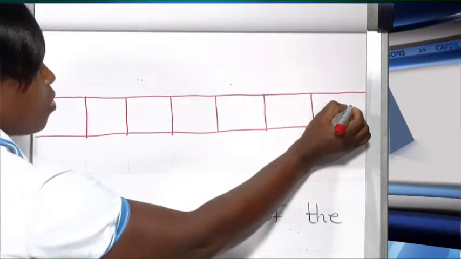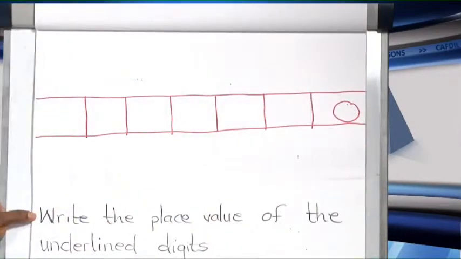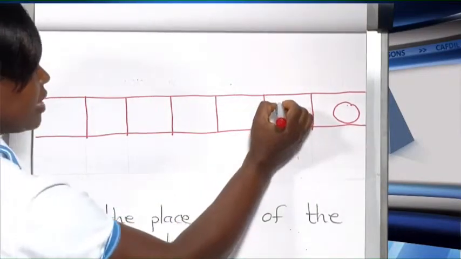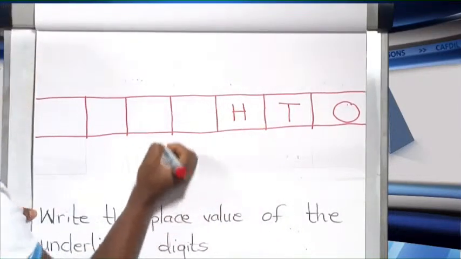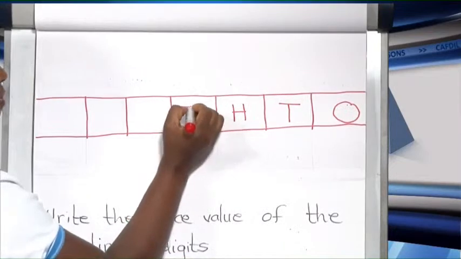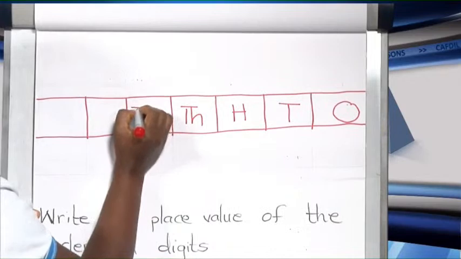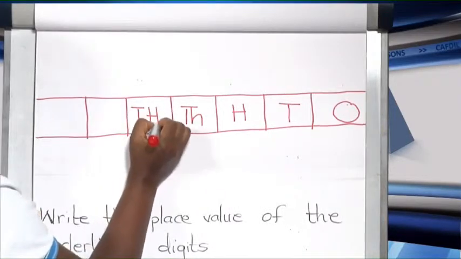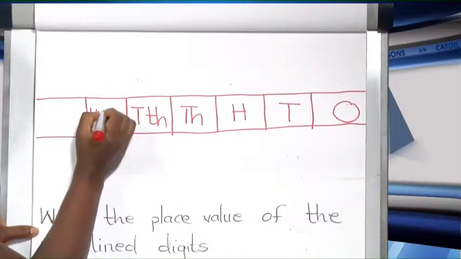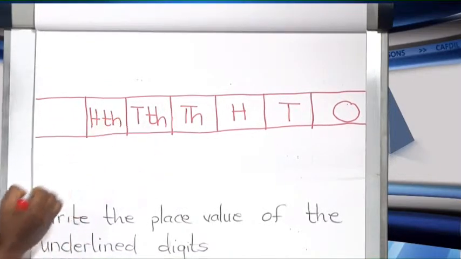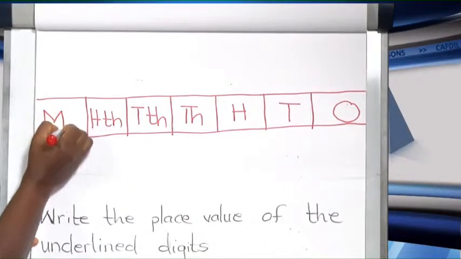We have our O. The ones is always at the extreme right, followed by tens, hundreds, thousands, ten thousands, 100,000s, and our millions will come here.